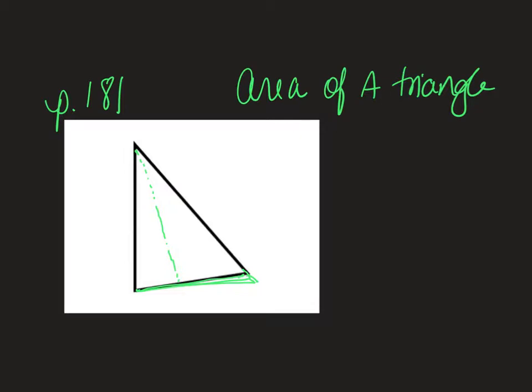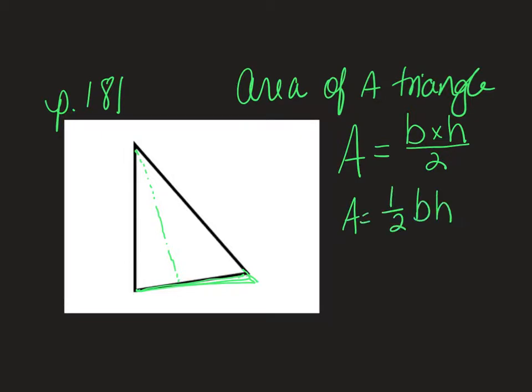So here is the formula. Area equals base times height divided by 2. Sometimes in your textbook, you're going to see it written as area equals 1/2 times base times height.